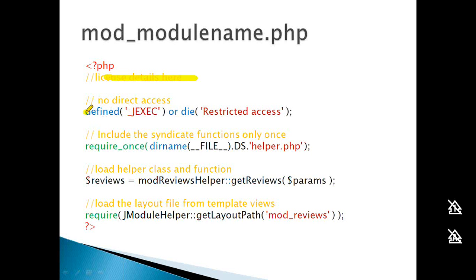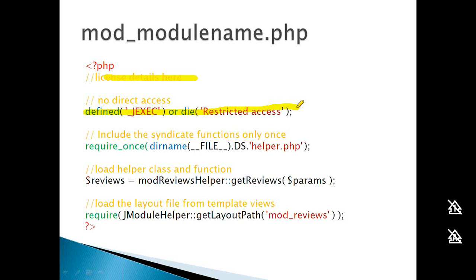This particular line talks about no direct access. This particular line ensures that whatever URL you are accessing is through the Joomla application and not directly. So what does it mean? Say, for example, you have created a file, say mod_reviews.php. In the folder structure, it is located at, say, your-site.com/modules/mod_reviews/mod_reviews.php.